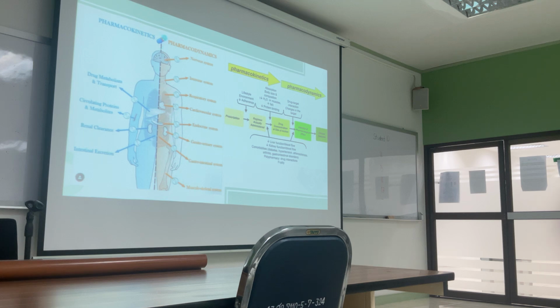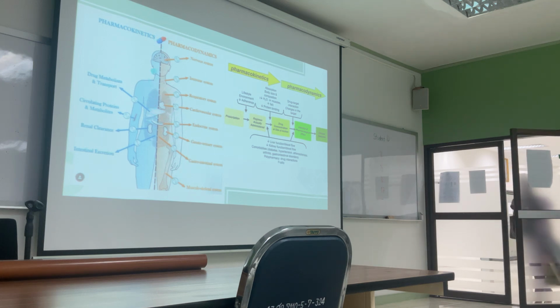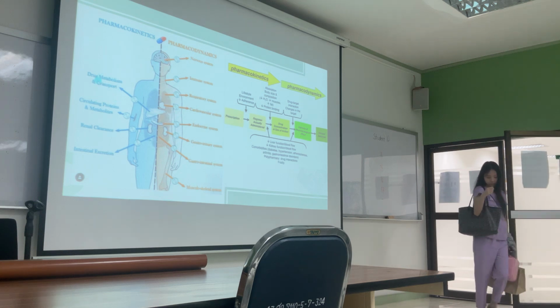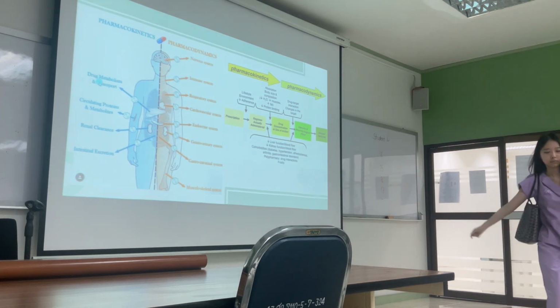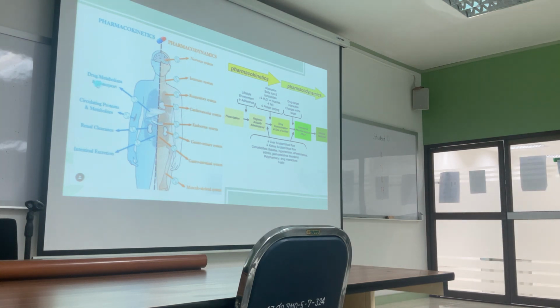For example, the medication needs to get absorbed into the body, distributed into the body, and a lot of the medication usually requires drug metabolism in order to convert it into the active form or to eliminate it from the body. And there are so many routes of drug metabolism and transportation of the medication in the body.